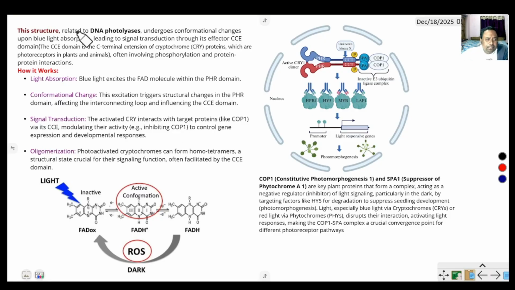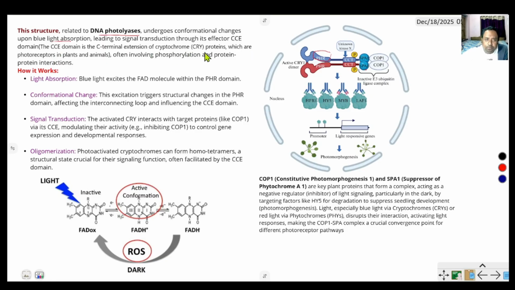The structure is related to DNA photolyase. This is the photolyase region, PHR. It undergoes conformational changes on blue light absorption. When blue light is absorbed, COP1 and SPA1 are inactivated and the genes are activated, leading to a signal transducing through its effector CC domain.